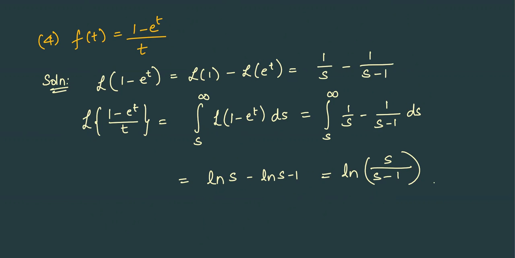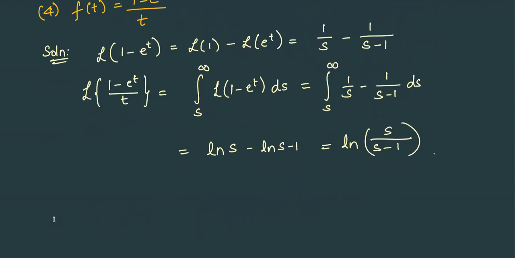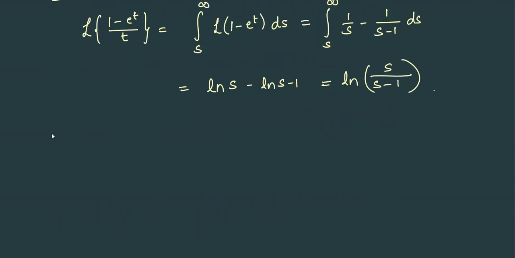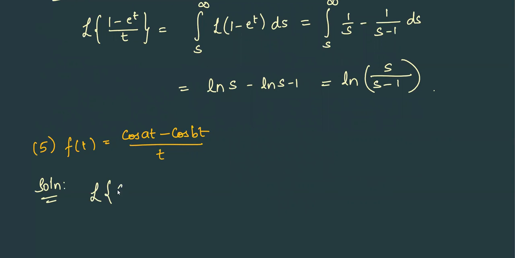One more on integrals. f of t is (cos at minus cos bt) by t. Now the Laplace transform of cos at minus cos bt is the Laplace transform of cos at minus the Laplace transform of cos bt.